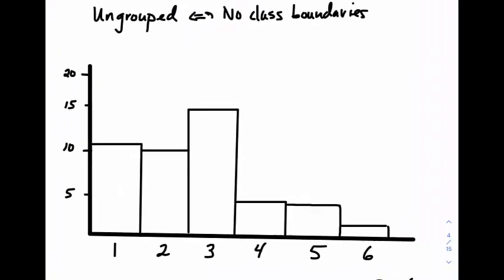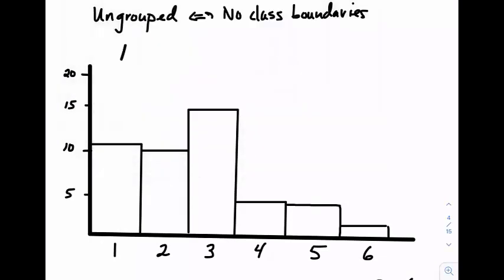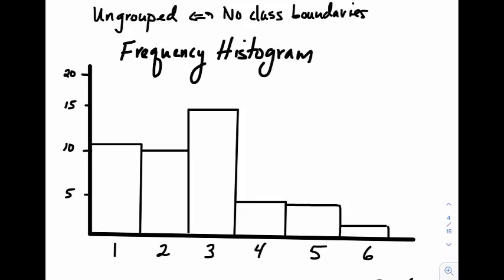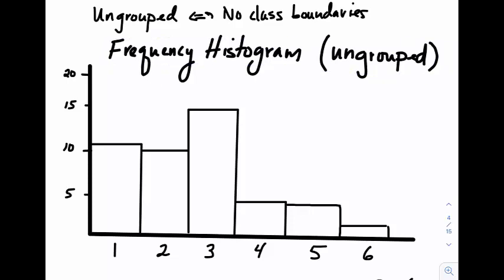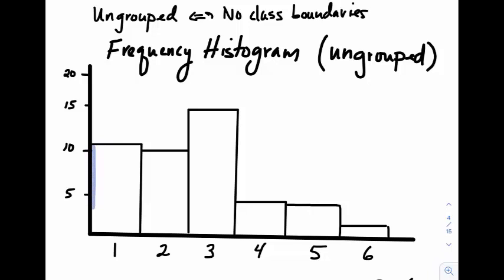But basically that is it for grouped frequency distribution histogram, and this is for ungrouped data here.